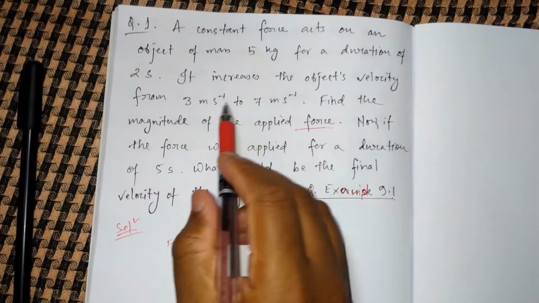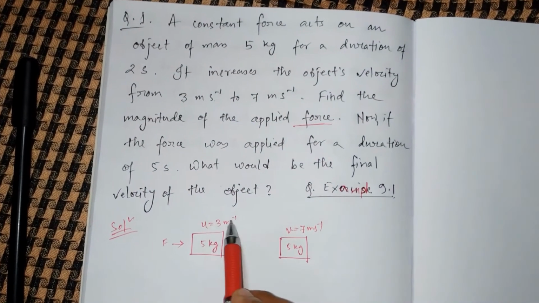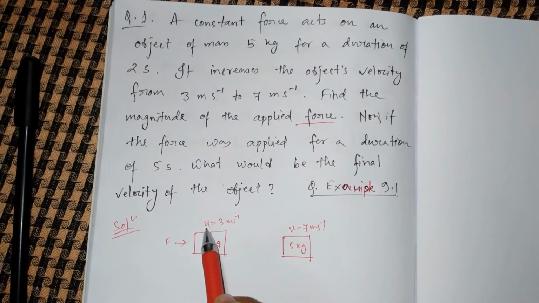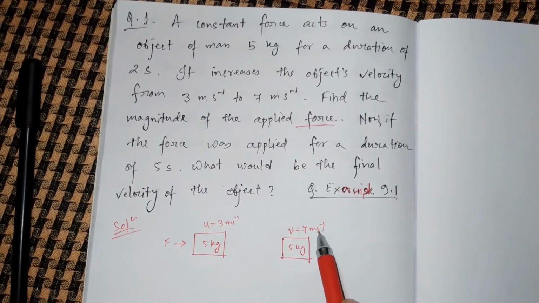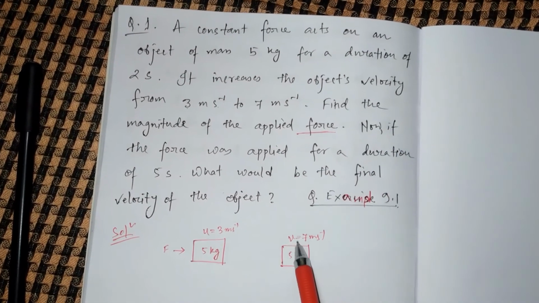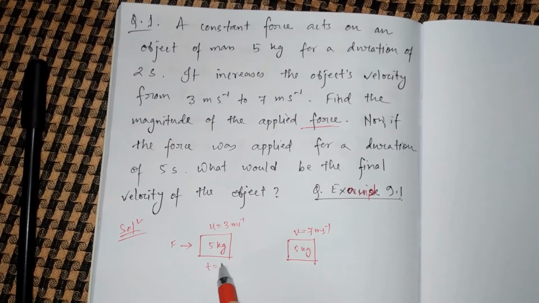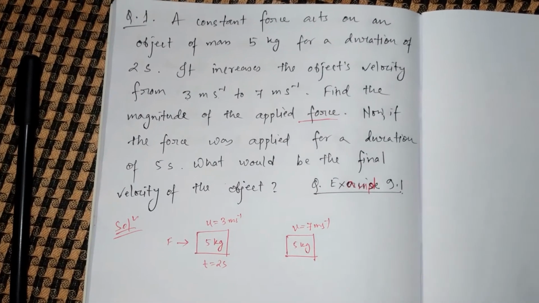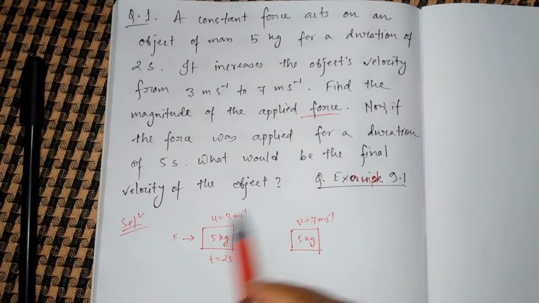So 3 meter per second is the initial speed that we denote by u, and 7 meter per second is the final speed, or velocity, that we denote by v. This force is applied for t equal to 2 seconds. We need to find the amount of force, or the magnitude of force.